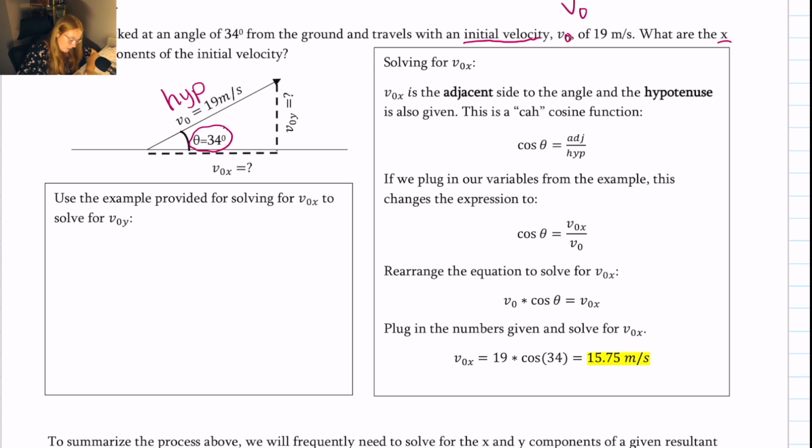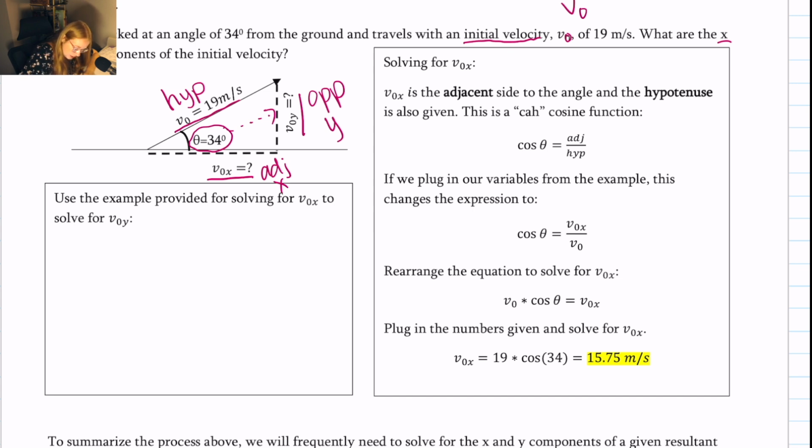So you got your original, your x, and your y. Let's go ahead and label it as opposite and adjacent. So 34 is the angle we're given. Opposite is going to be your y component. And adjacent is going to be your x component. And that's pretty typical. Opposite is usually y, adjacent is usually x.